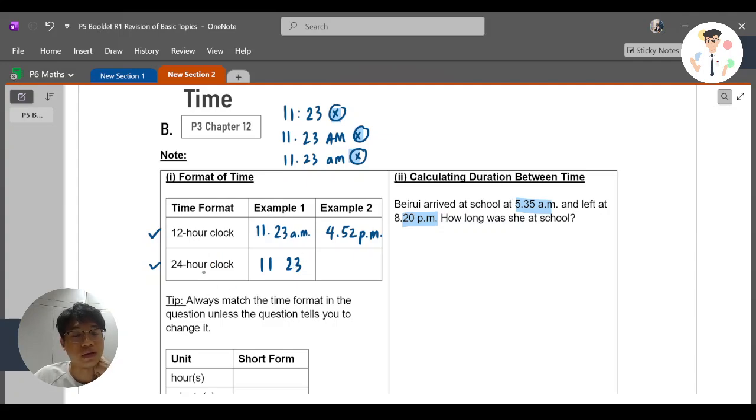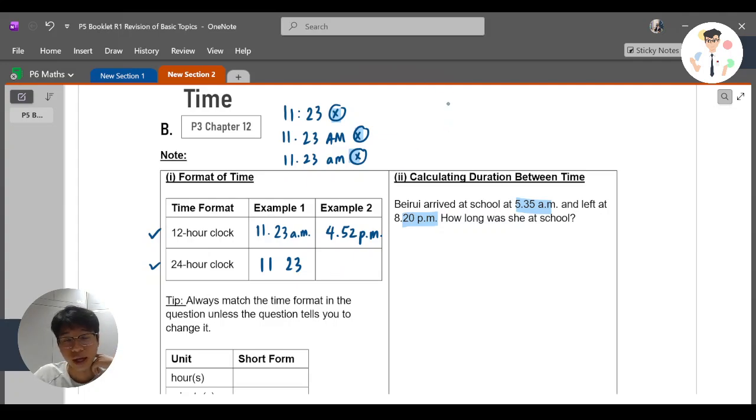Then how about the 24-hour clock system? You need to understand that the 24-hour clock system starts from 00. Then 01, 02, 03, 04. When it's 11, when it's 12 at noon, then 1, it will not go back to 1 p.m. It will go to 13. So it will be 13, 14, 15.